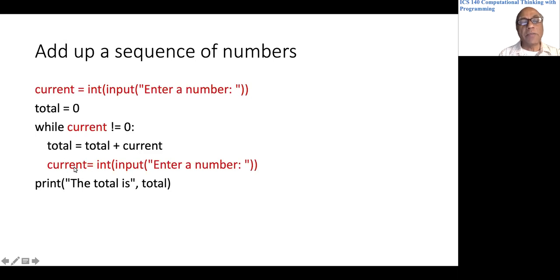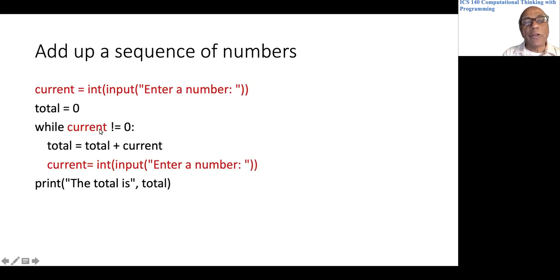So at the time of ending the loop body, we are changing the value of current so that we know whether we should be iterating the loop. So notice this and try to see why this is repeated. You want to change the value of current every time you go through the loop. That is why we have this line here.